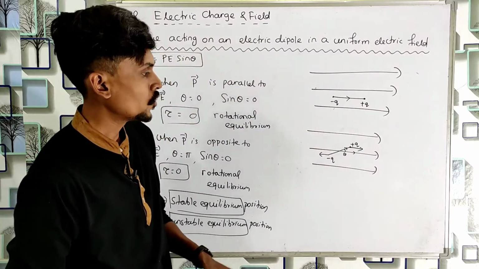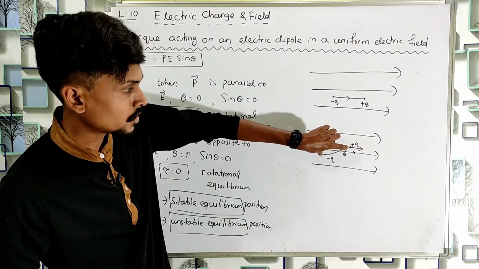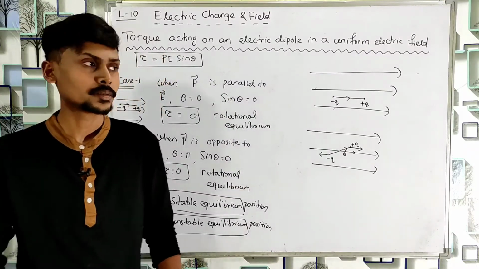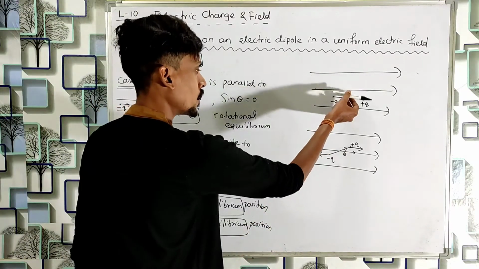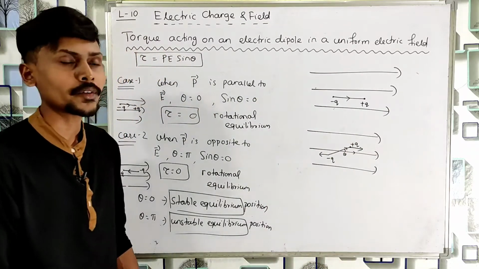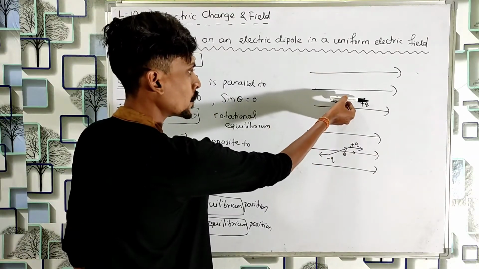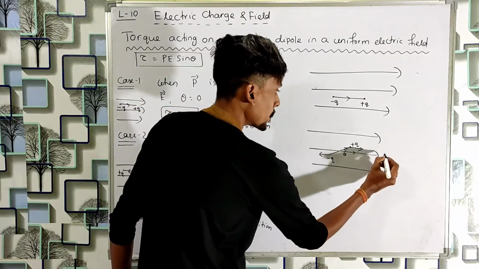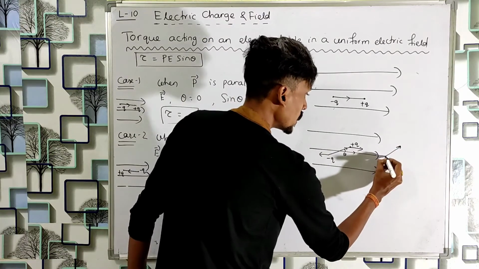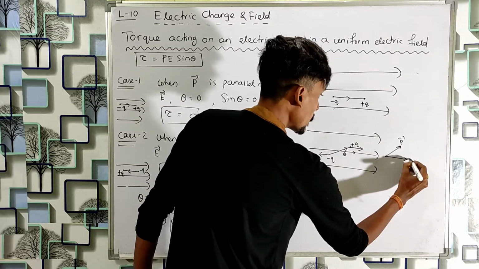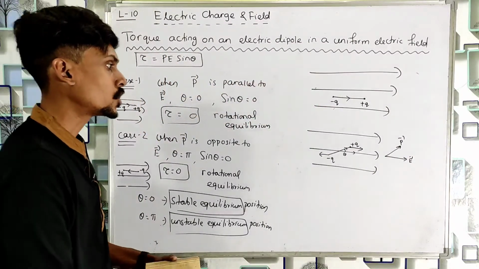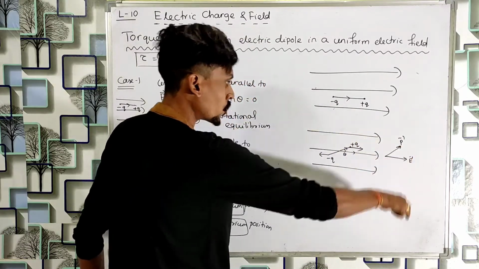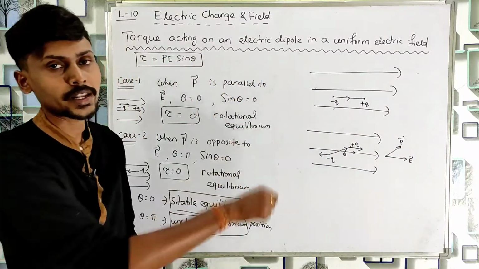You can see that when you rotate the dipole in the anti-clockwise direction, you are trying to disturb the dipole orientation. Initially the dipole moment was parallel to electric field, and now I have rotated the dipole in the anti-clockwise direction. Now you will see that p vector is in this direction, e vector is in this direction, so the torque will be in the inward direction, means it will try to rotate the dipole in the clockwise direction.